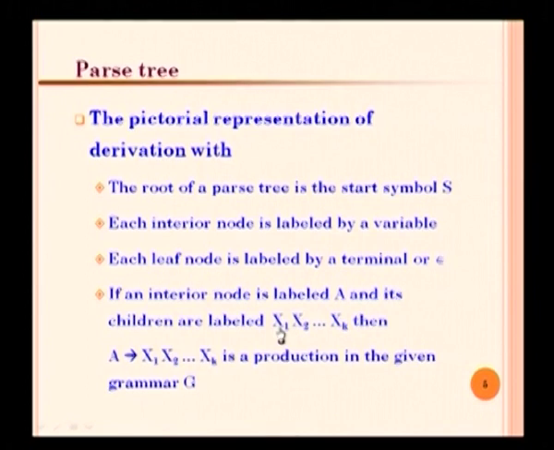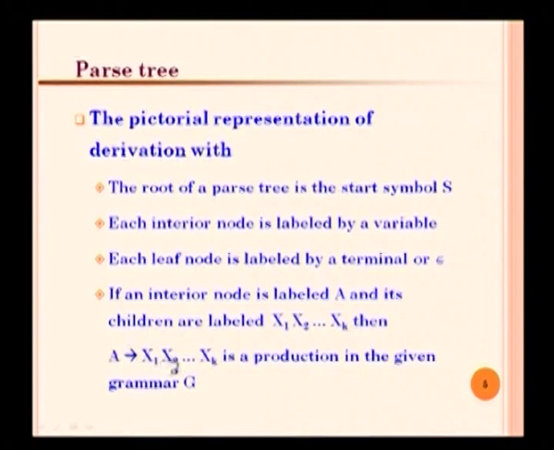That is the convention in which x1, x2 up to xk are used. If the interior node has the label A and its child nodes have the labels x1 to xk, then it is strictly required to have a production in the grammar that A derives x1, x2, x3 up to xk.